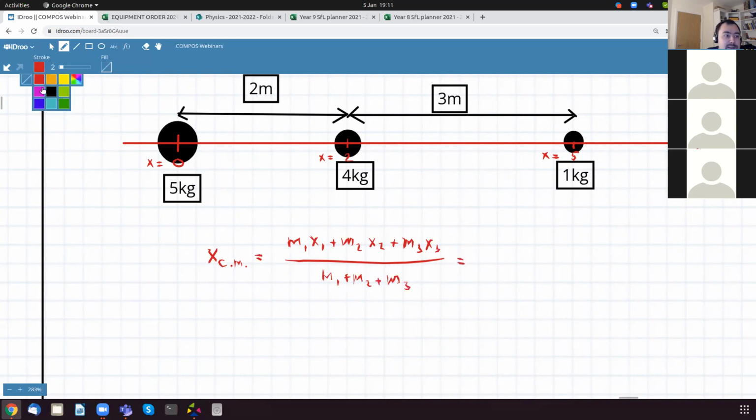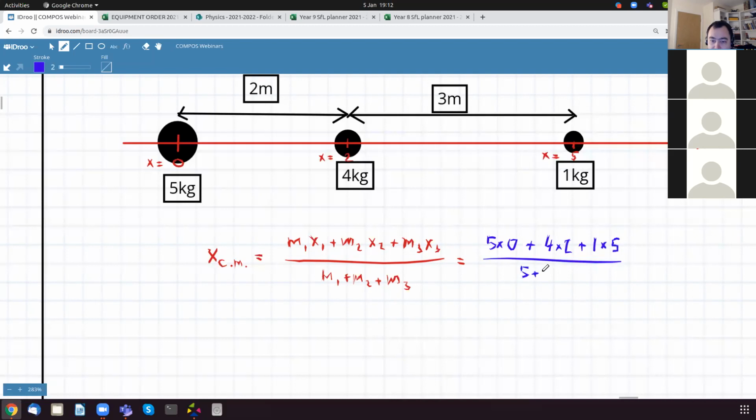So that is 5 times 0, because 5 is at position 0, plus m2, which is 4 times 2, plus 1 times 5, all over 5 plus 4 plus 1.